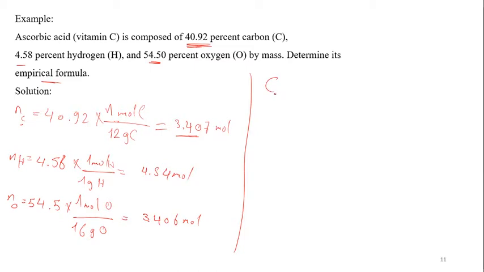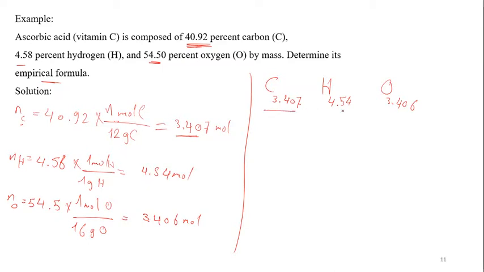So C has 3.407 moles, H has 4.54 moles, and oxygen has 3.406 moles.